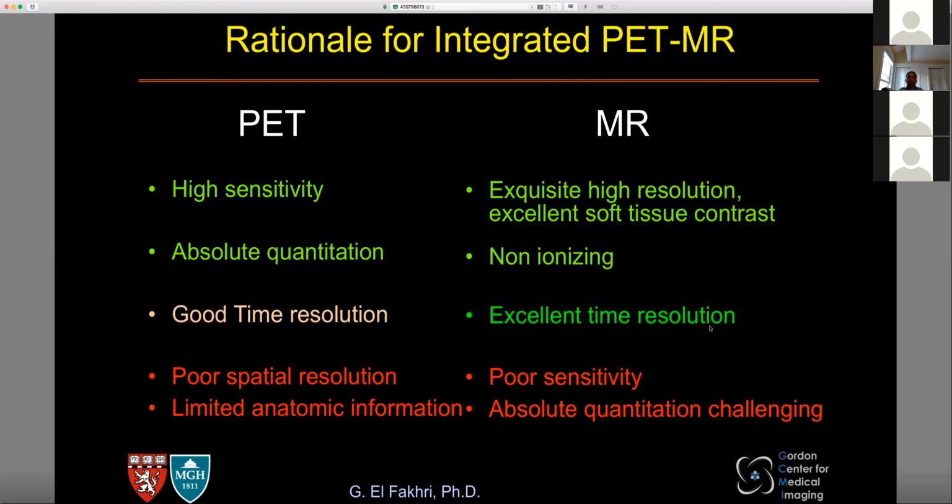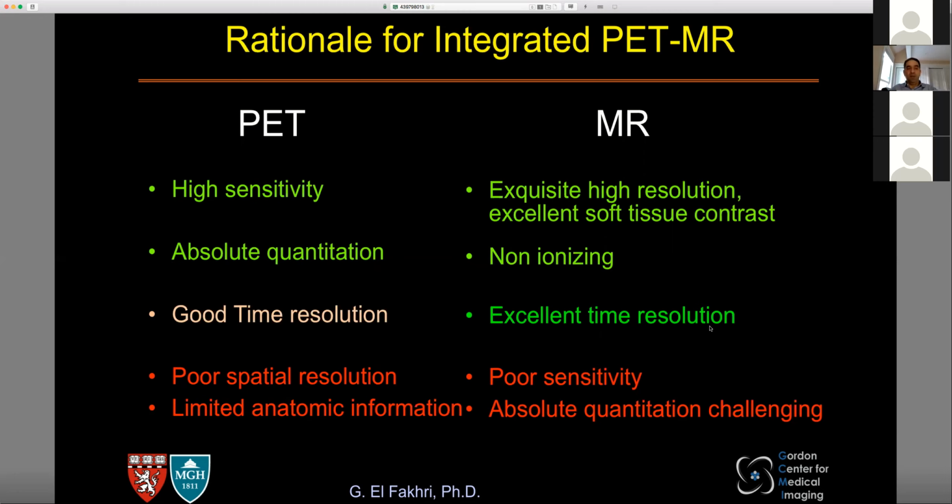We saw that there was an issue with PET-CT that had to do with the fact that you acquire your PET, then you acquire your CT, and the CT was very fast, the PET was a lot longer, so you didn't have the same time resolution on both PET and CT. So the idea is, what if we had a PET and an MR together, acquired at the same time?